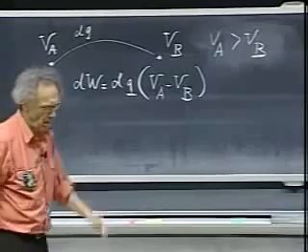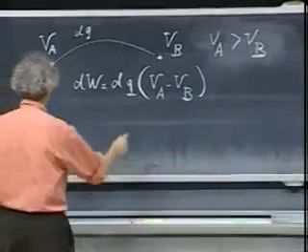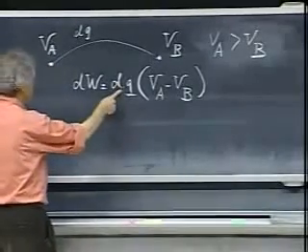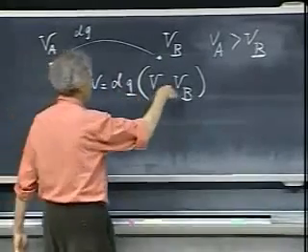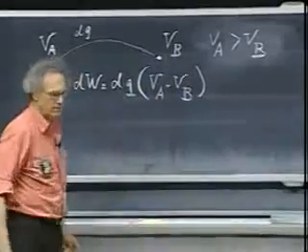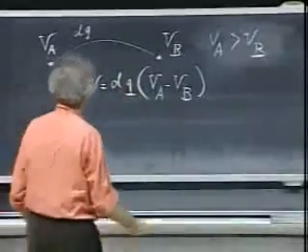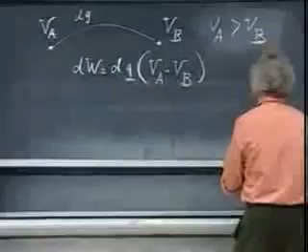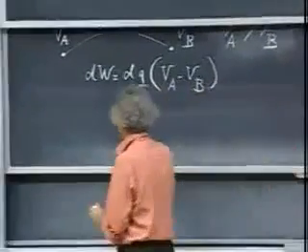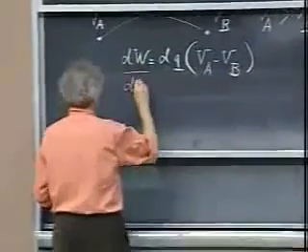This work can be positive if the charge is positive, can be negative if the charge is negative, because we have assumed that this is positive in this case. I can now do something that you shouldn't tell your math teachers, but physicists do it all the time. We divide by dt.